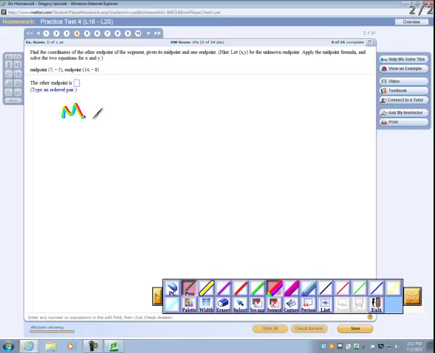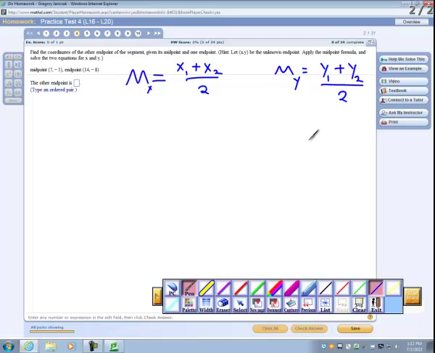So we know that our midpoint, for our x's, would be x1 plus x2 divided by 2. And then our midpoint for y would be the same thing except we're using y's: y1 plus y2 over 2.